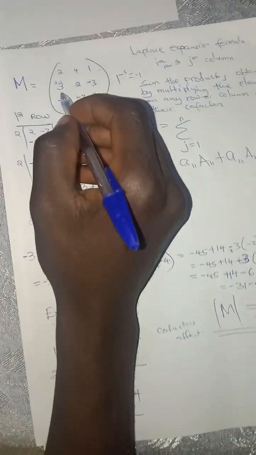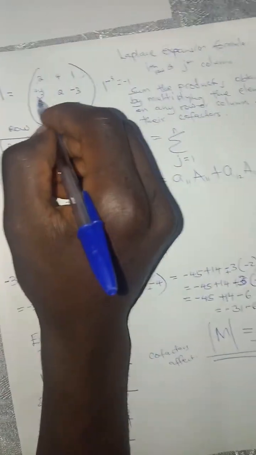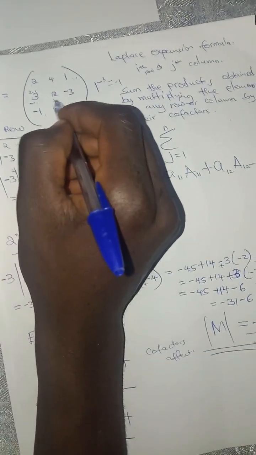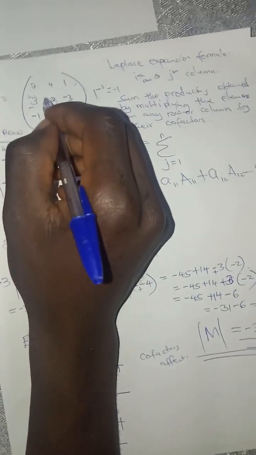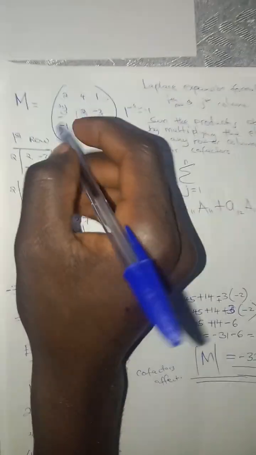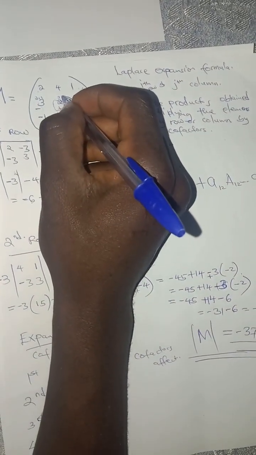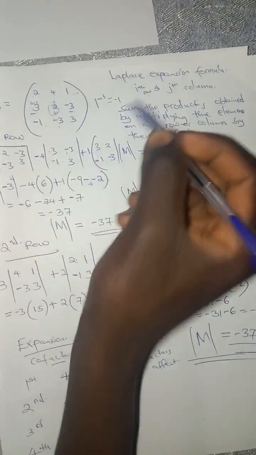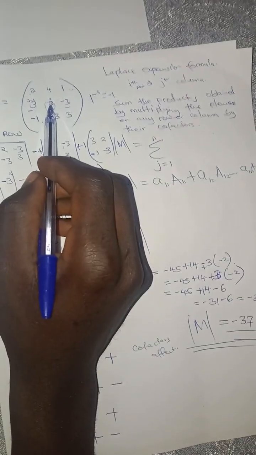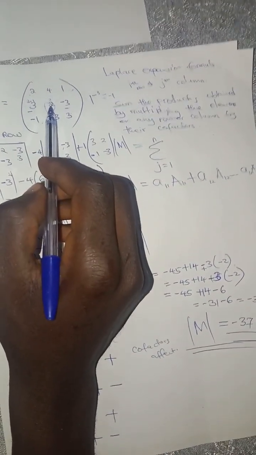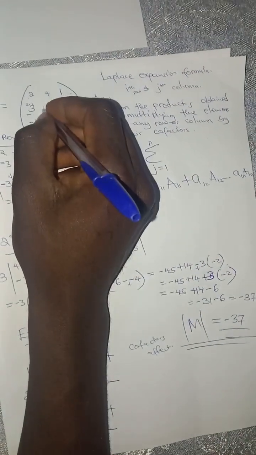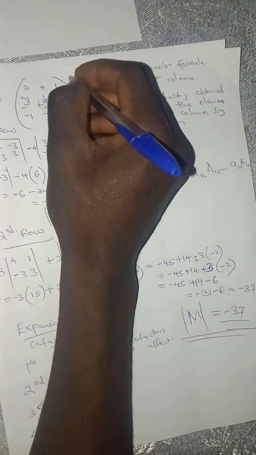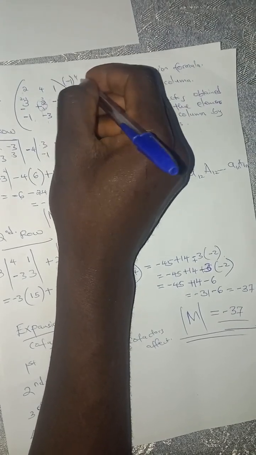Now, for example, in our example, it should be negative, plus, negative. Consider the 2 at row 2, column 2. 2 plus 2 is 4, so it doesn't affect the sign. It will be plus, because negative 1 raised to the power 4 is positive 1. That is when finding the cofactors.